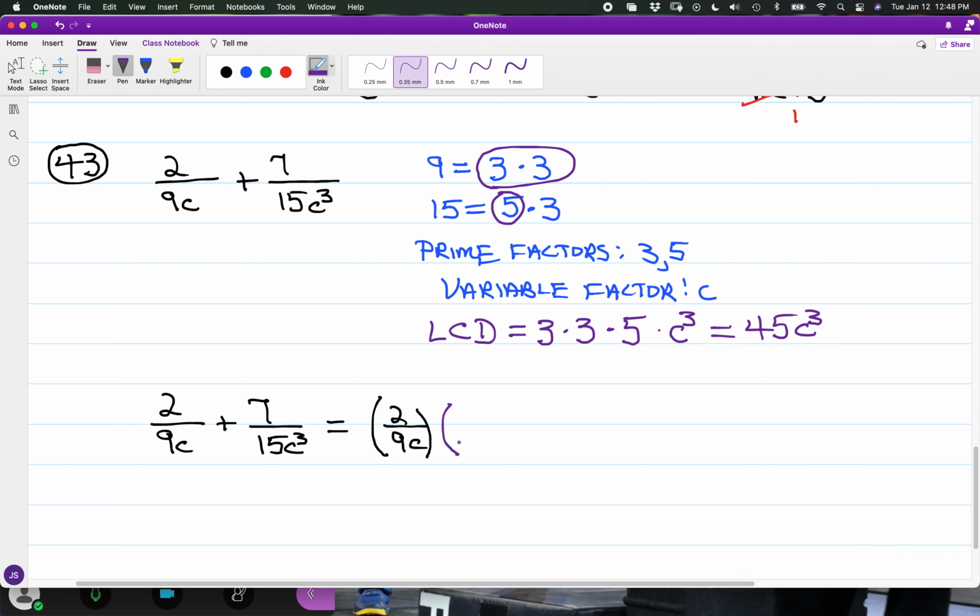I multiply the first ratio by 1, in the form of 45c cubed divided by itself over 9c. 9 goes into 45 5 times, and c goes into c cubed c squared times.